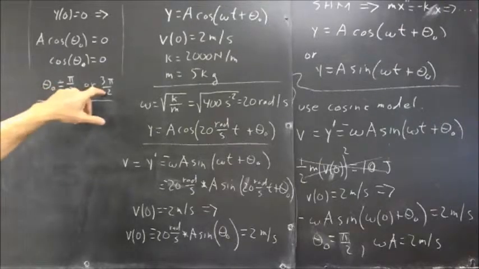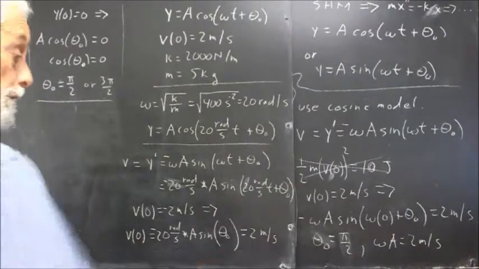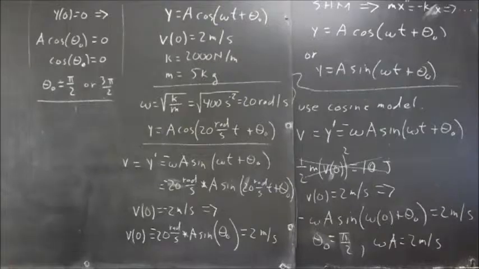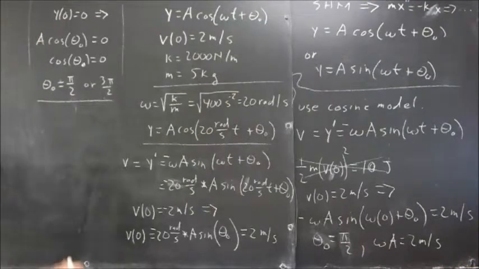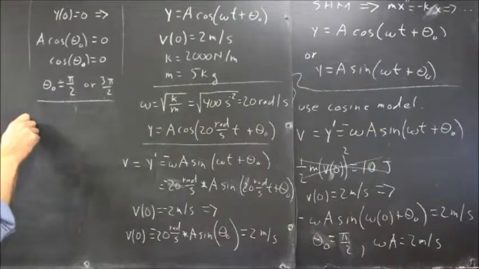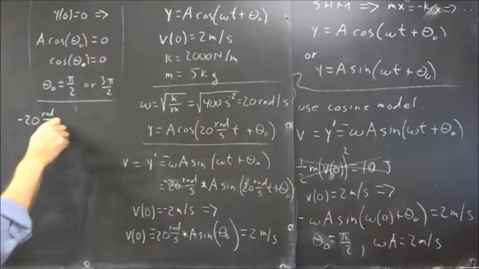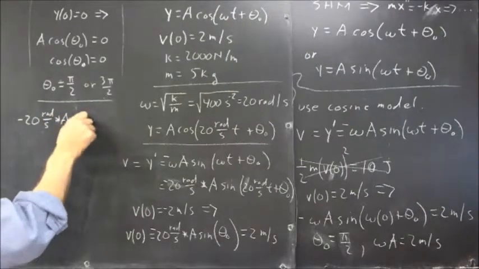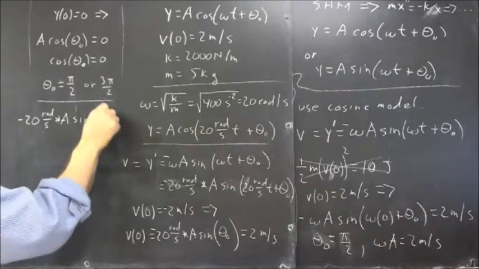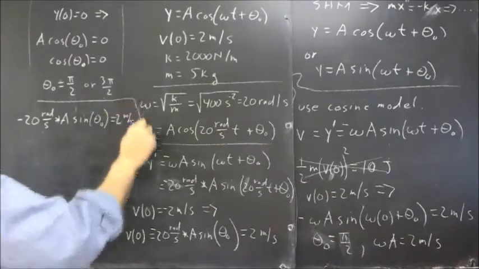Okay, so theta naught has to be one of these angles, and we have this equation. So you should pause and tell me what you think theta naught has to be. Should it be pi over 2 or should it be 3 pi over 2? Okay, well, I'll write this out just to make it clear. Negative 20 radians per second times A sine of theta naught equals 2 meters per second.